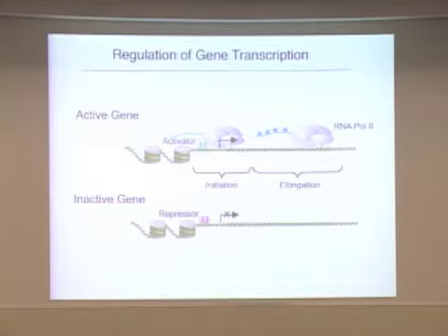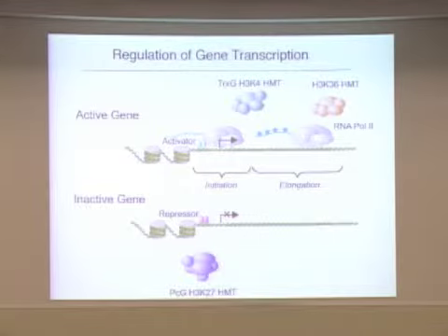And in our work and the work of many others, it's become evident that chromatin modifying enzymes work in a manner that's associated with this transcription apparatus. So for example, the trithorax group complexes are recruited to sites of transcription initiation to modify histone H3 on lysine 4.